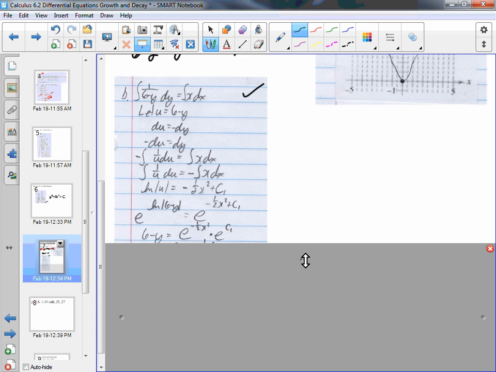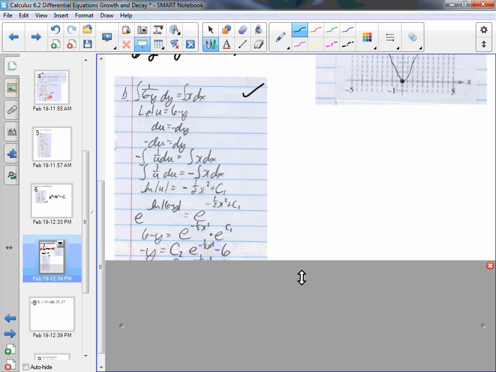If you had the negative on the other side, it'd be a positive y and a negative 6. All right, so e to some constant is in fact a constant. And I subtracted 6 from both sides.